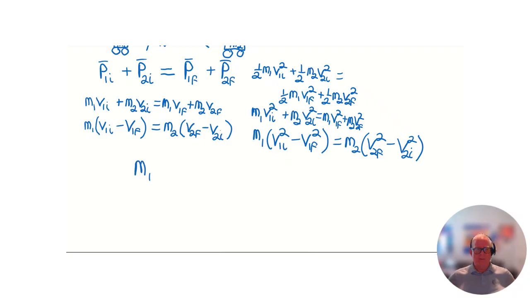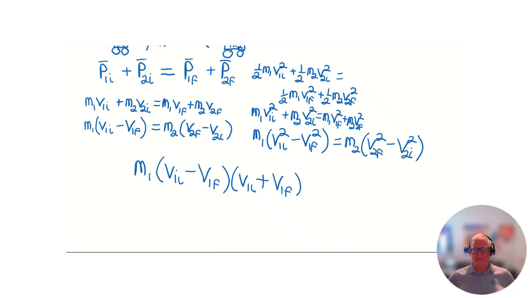You still end up with an equation, still an equality. So I'm going to write M1 times V1 initial minus V1 final times V1 initial plus V1 final. That's using that difference of two squares formula.